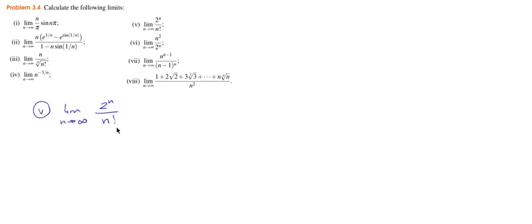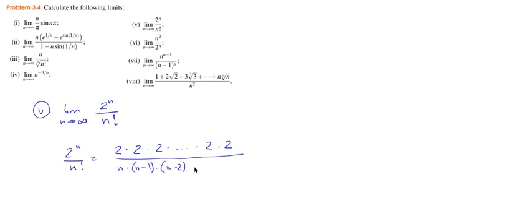Wait a minute. So the way to prove this is to realize, if we start, let me write this expression. This is 2 times 2 times 2 times and so on, times 2 times 2, n times, and then n factorial is n times n minus 1 times n minus 2 and so on, down to 3, 2, 1.